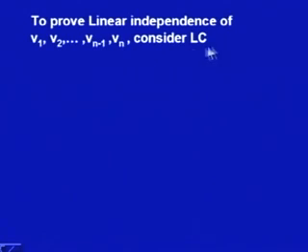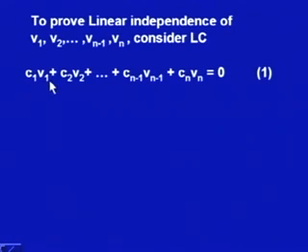To prove the linear independence of this set V1, V2, Vn minus 1, Vn, let us consider the linear combination C1 V1 plus C2 V2 plus Cn minus 1 Vn minus 1 plus Cn Vn is equal to 0, and if we can prove that these C1, C2, Cn minus 1 and Cn are all 0, then we can say that these vectors are linearly independent.